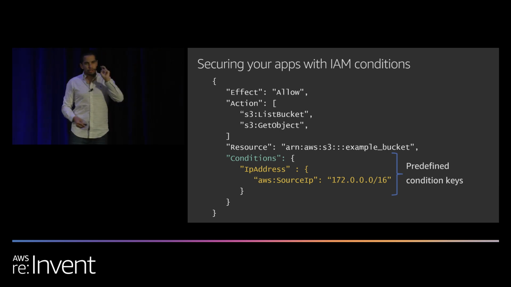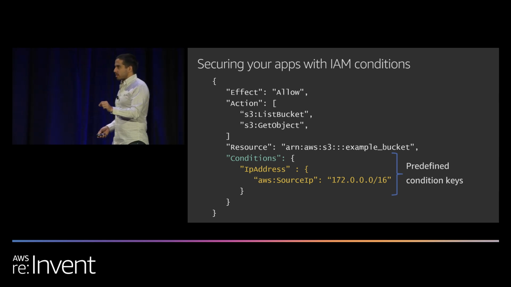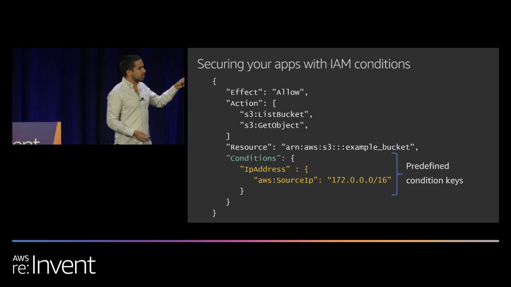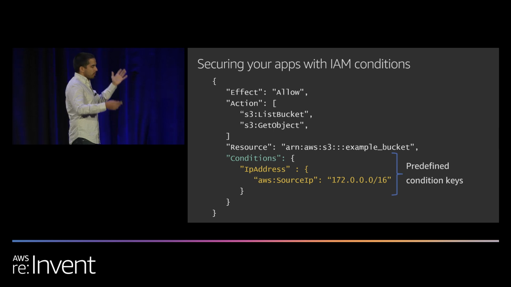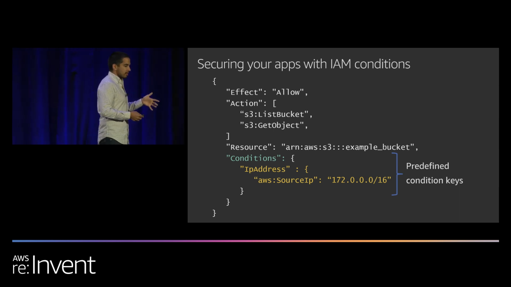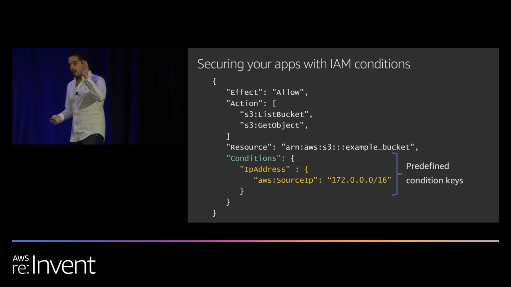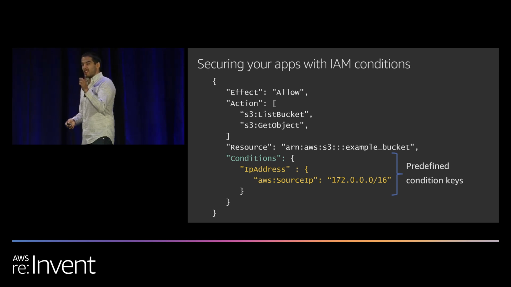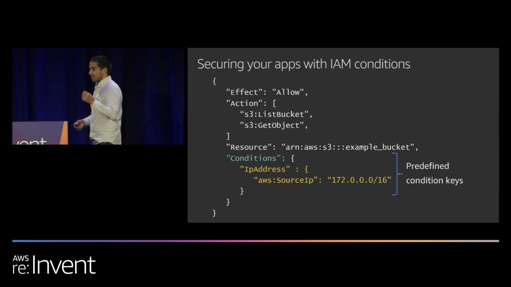You want to allow two actions against a specific S3 bucket, but you only allow those actions if the requester's IP address is part of the 172.0 block. So this is the type of policy that you would have if you are only allowing an admin person to access from the internal corporate network or something like that. There are a couple of conditions that you can implement for serverless applications. There's one very nice that I'm going to show you later today, but you should definitely take a look at this.